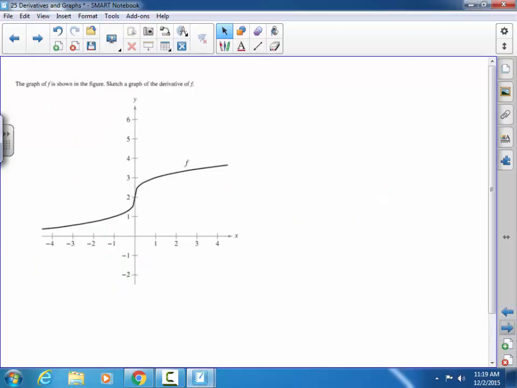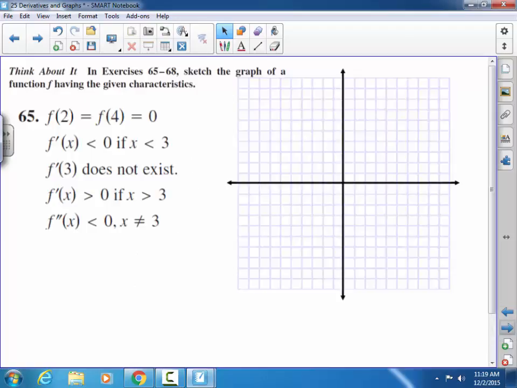Okay, let's look at one or two other problems here. There's a couple like this in your homework. Does that scare you? Sketch the graph. See if you can sketch a graph that meets all of those criteria.